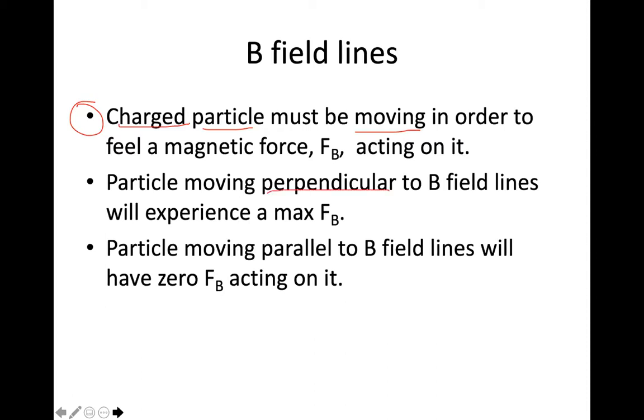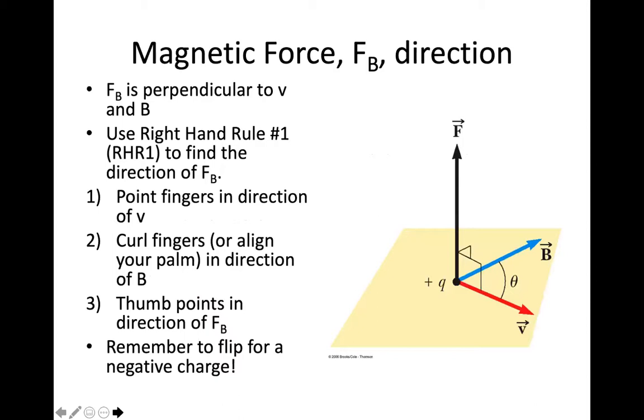So perpendicular will have a maximum and parallel will have a zero force. And the direction of the force, well, we need to understand where the direction is. So, the magnetic force direction. We've already looked at the magnitude. Now let's talk about the direction.